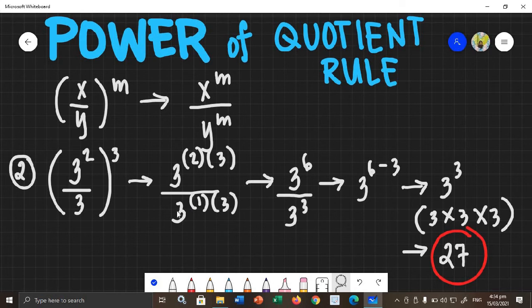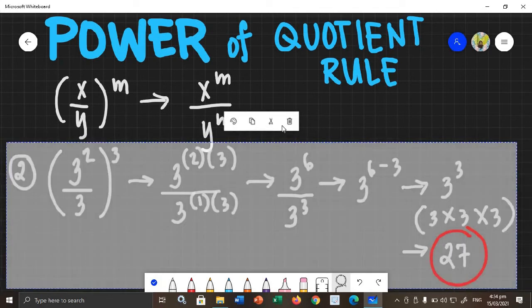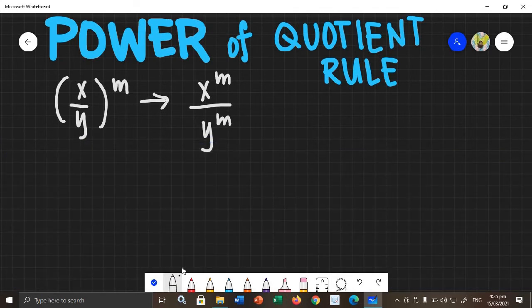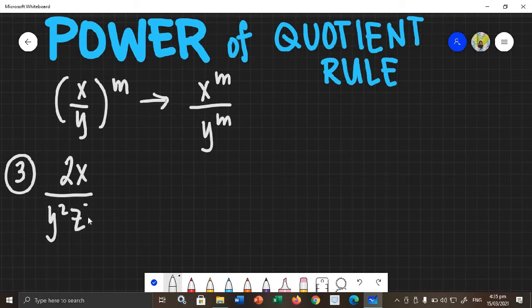Okay? So, pwede sa isang problem, we can apply more than one na rule or na law ng exponents para ma-simplify natin. And then next example number 3, let's say we have a coefficient. So 2x over, let's say, y squared and z to the third power, and the whole expression is raised to the second power.